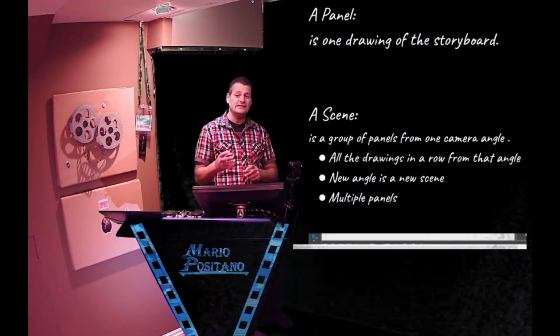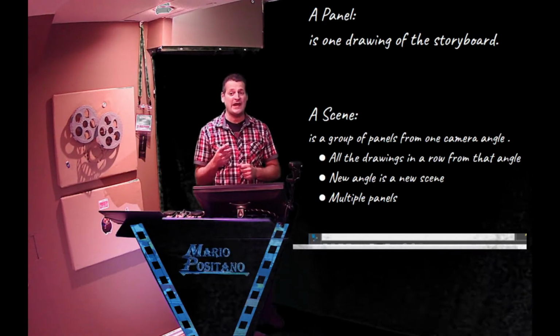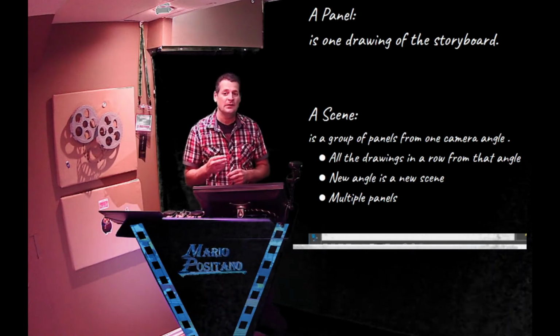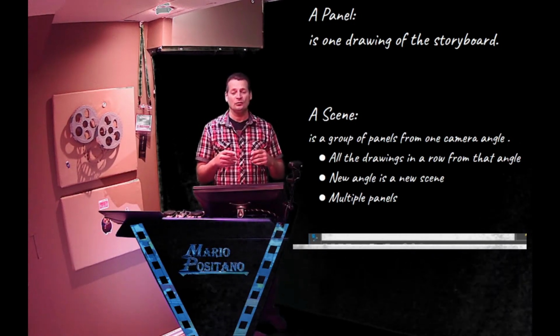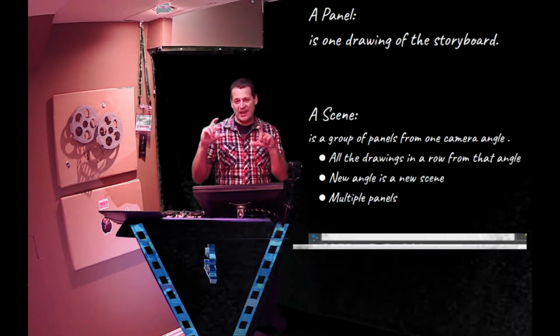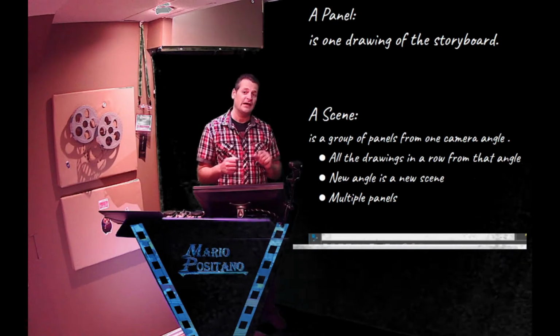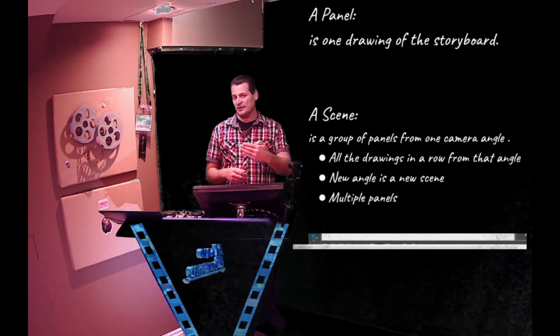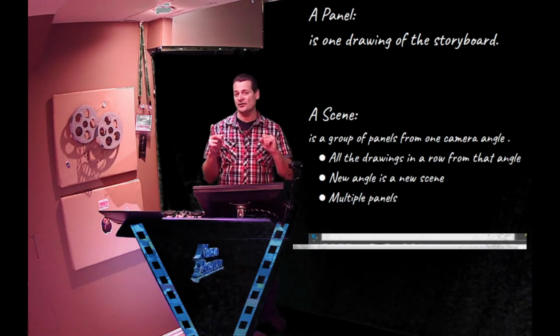A scene is a group of panels from one camera angle. So all the drawings in a row from that camera angle will be part of a scene. As soon as the camera angle changes, it's a new scene. So remember, a panel is just one drawing, and a scene is a group of panels from one camera angle.